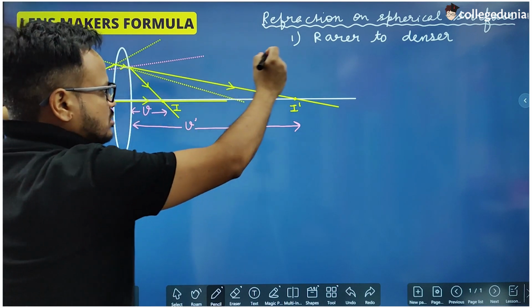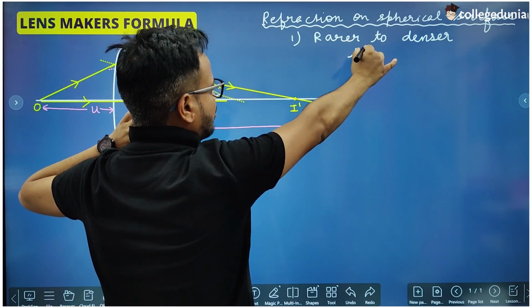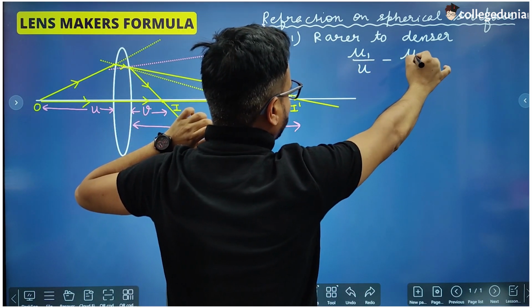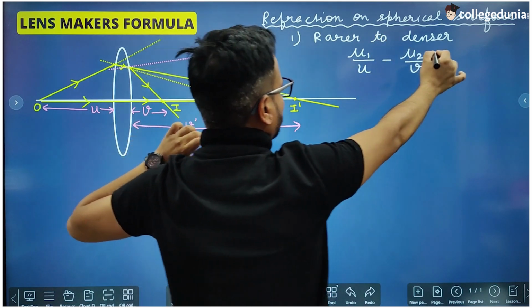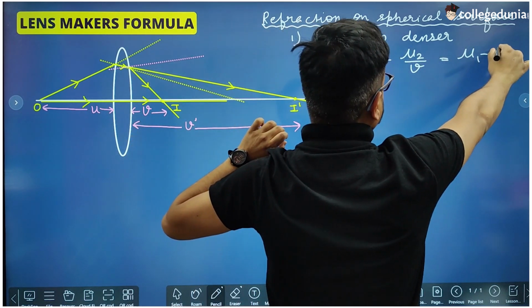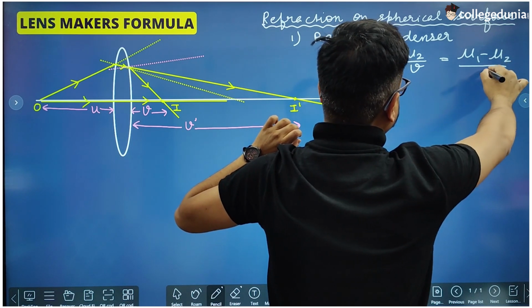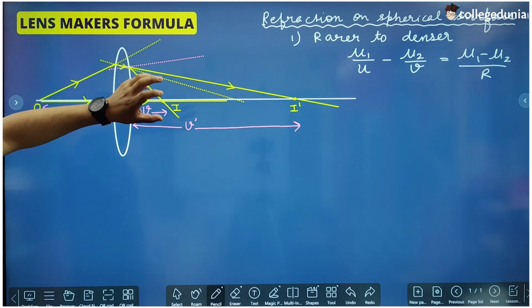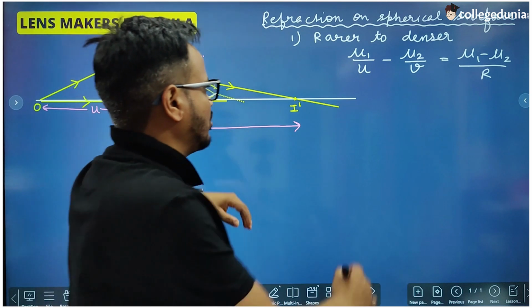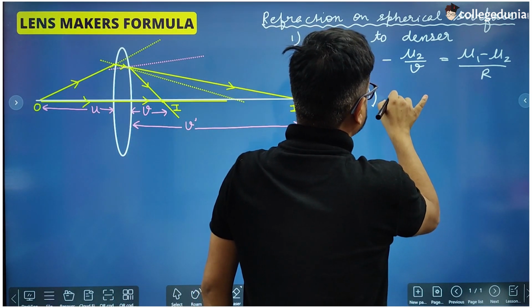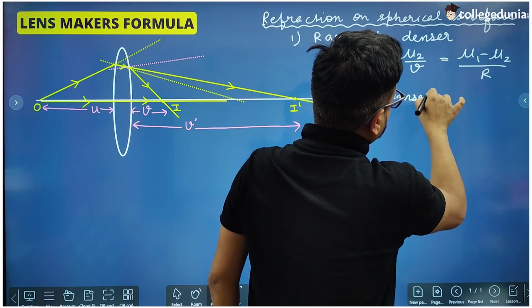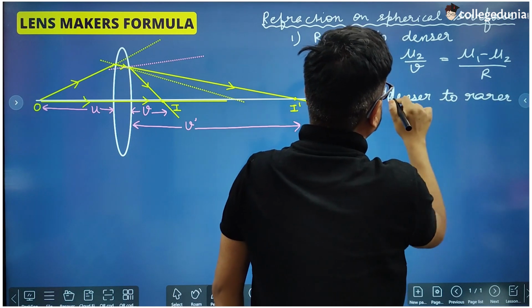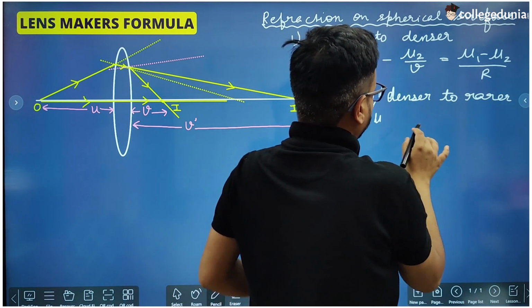So when light goes from rarer to denser, the formula is mu1 by u minus mu2 by v equal to mu1 minus mu2 divided by r, right? And when light goes from denser to rarer, you can write that yourself because I am saving space. Okay, I'll write it. When the light goes from denser to rarer, the formula is exactly the same.